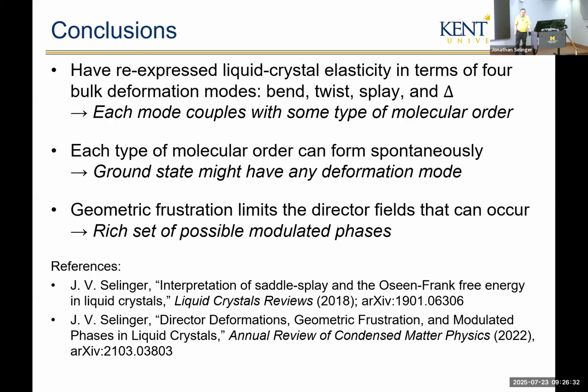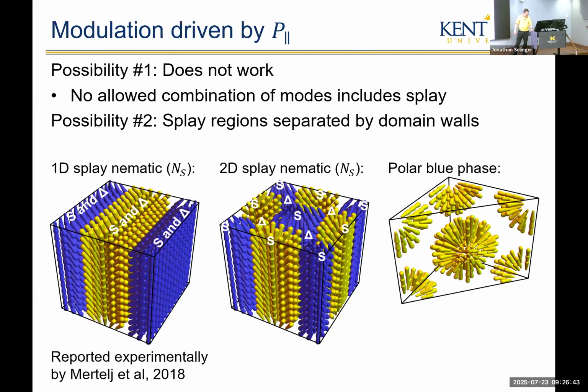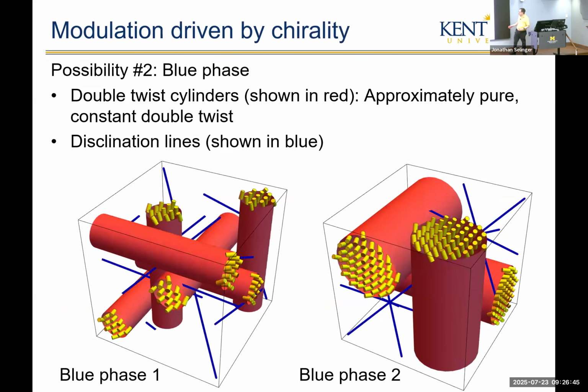No, these things that I'm presenting are stable, I would say, not metastable. I'm not talking about kinetics here at all. In the double twist cylinders, like in this picture, the cylinders are approximately pure double twist.